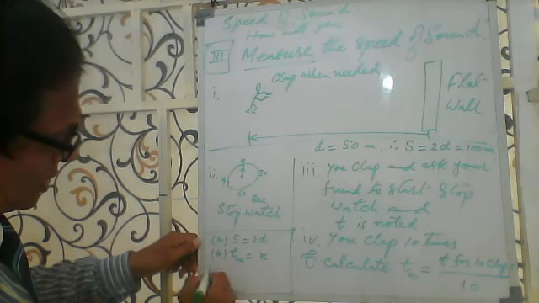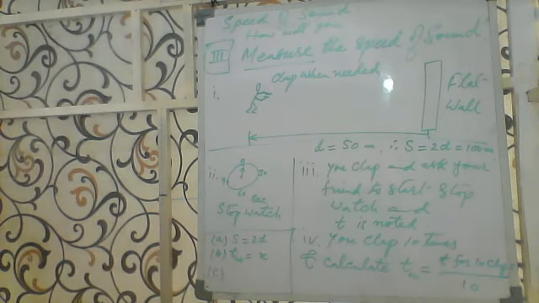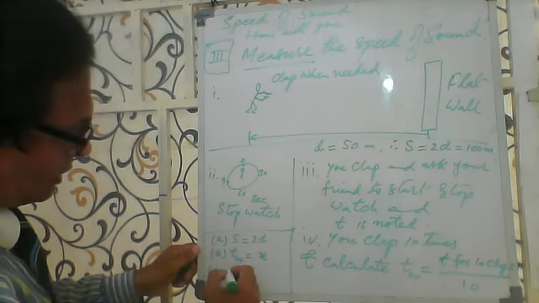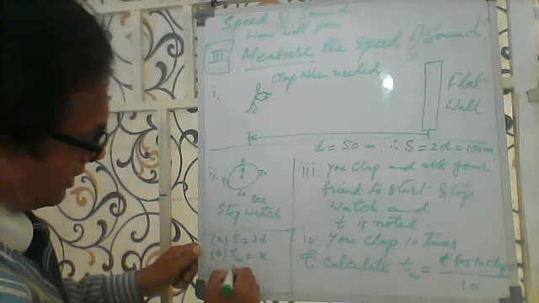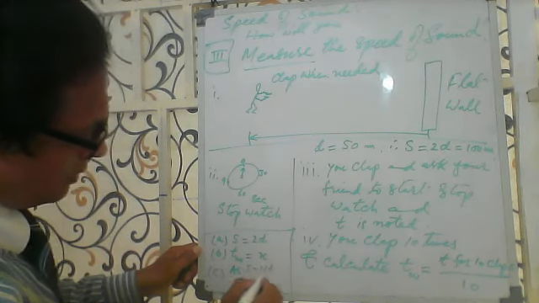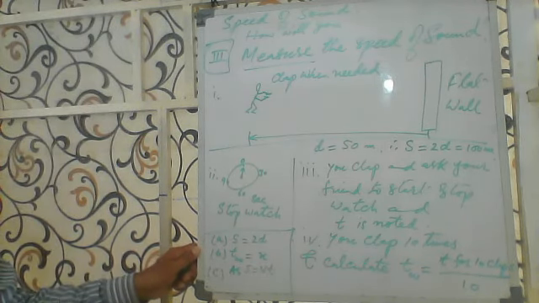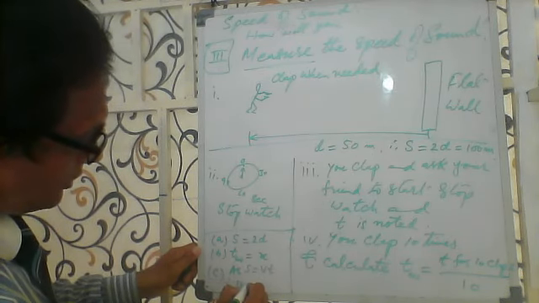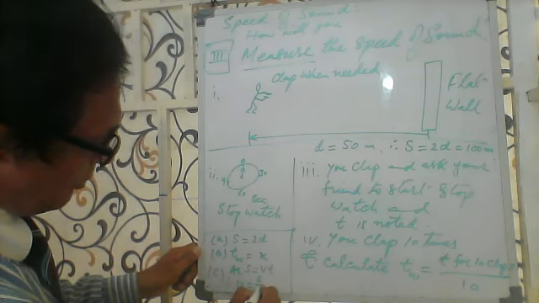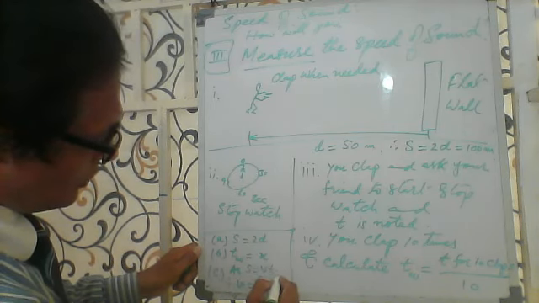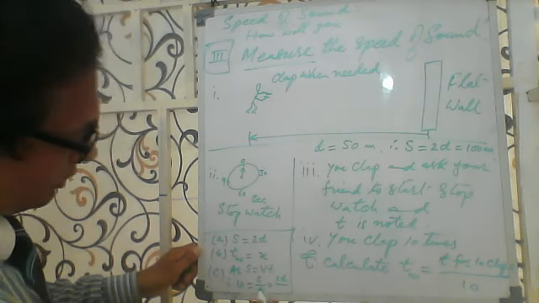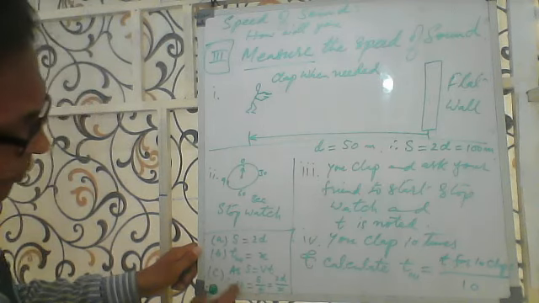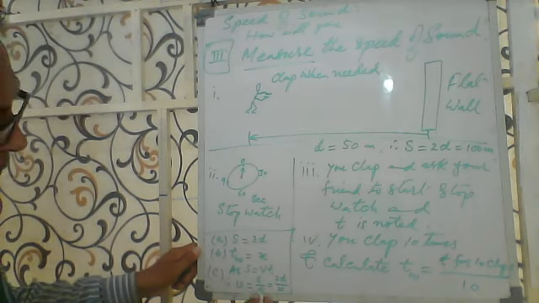So at C you will calculate now. How you will calculate the velocity? You will calculate the velocity as s is equal to vt. We know this formula in 9th class. Therefore velocity comes equal to s divided by time, and here you will use 2d divided by average time, or say this x. You may write t average, whatever.